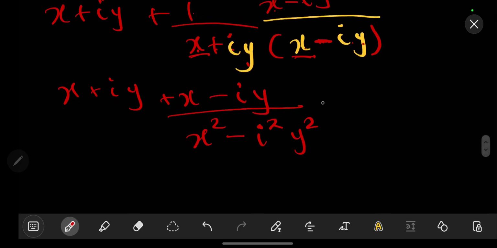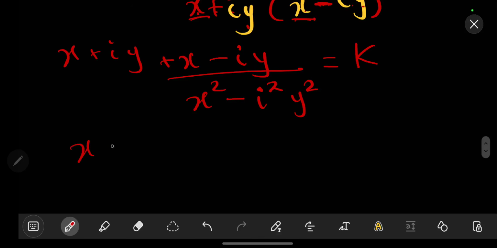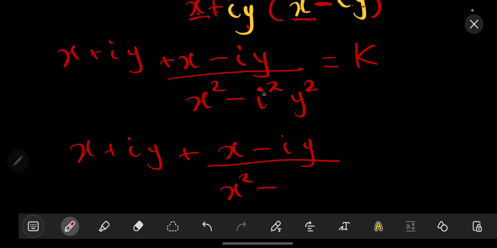So this should be equal to k. So we have x plus iy, plus x minus iy over x squared minus i squared y squared, where i squared is equal to negative 1.